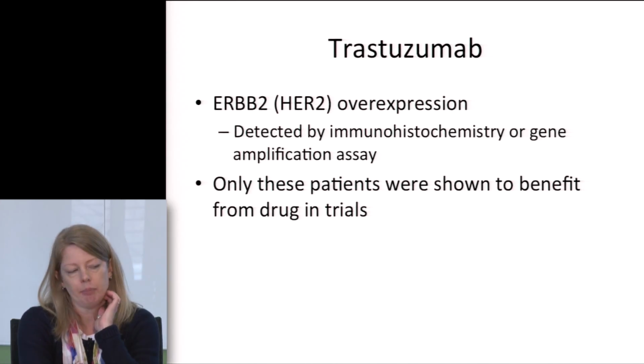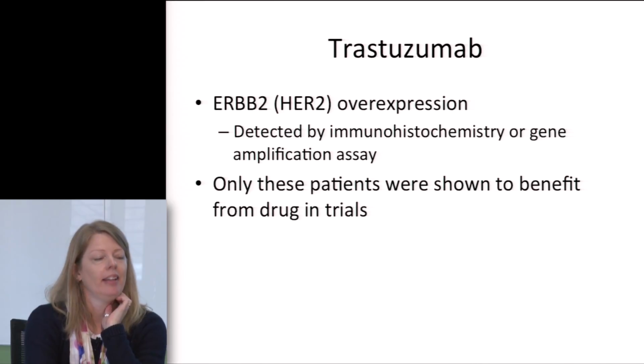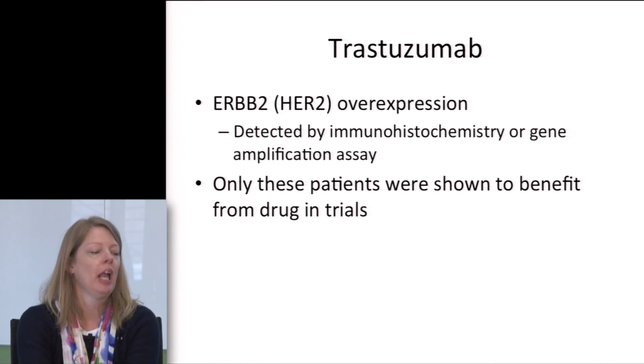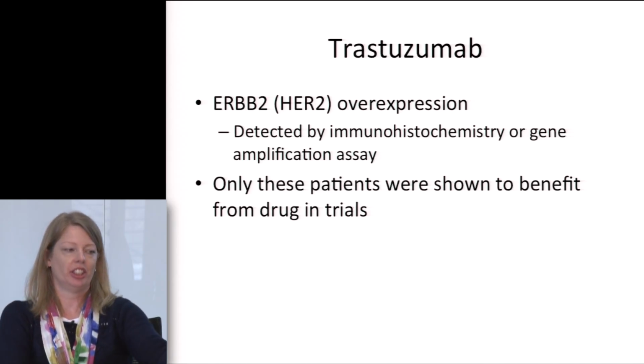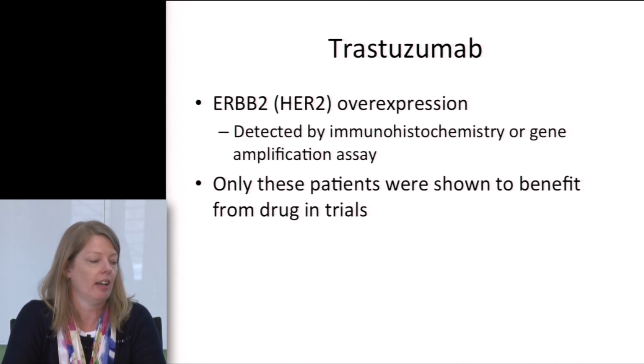And the last PGx drug that I'm going to talk about is trastuzumab. I may be pronouncing that incorrectly. Basically, it's called Herceptin most of the time. This is the generic term, but most people will refer to it as Herceptin.